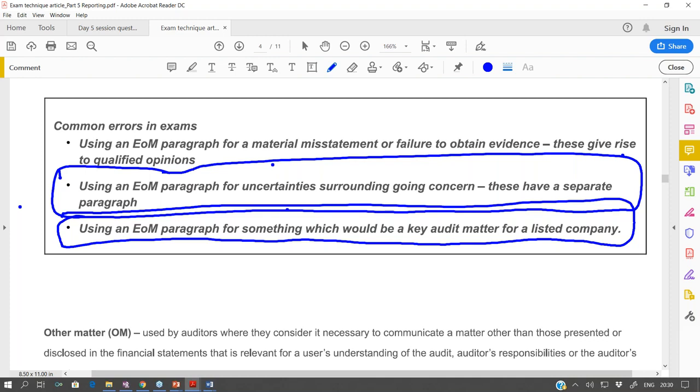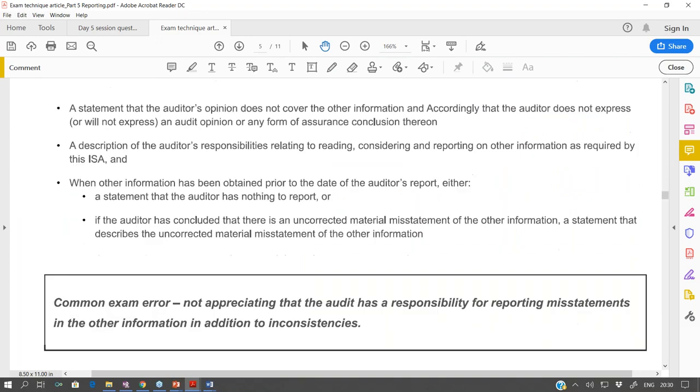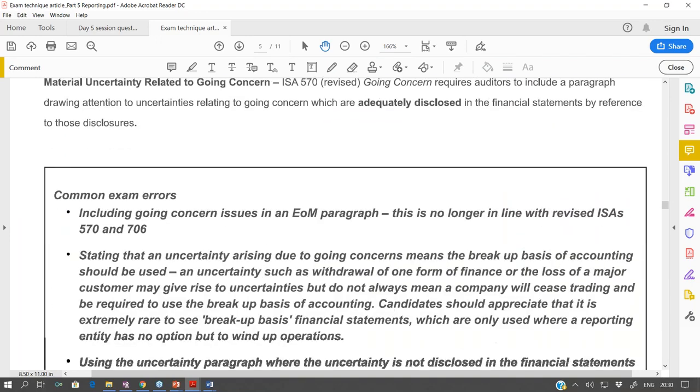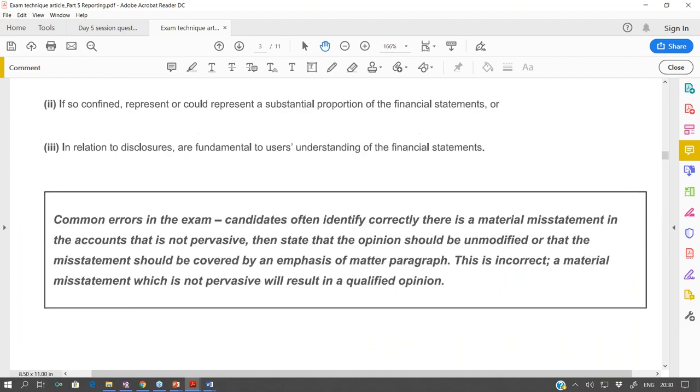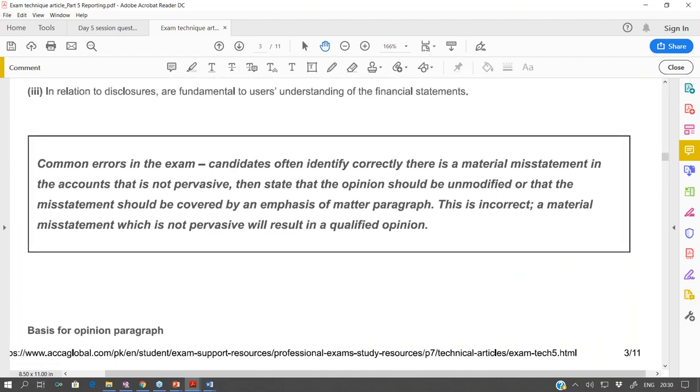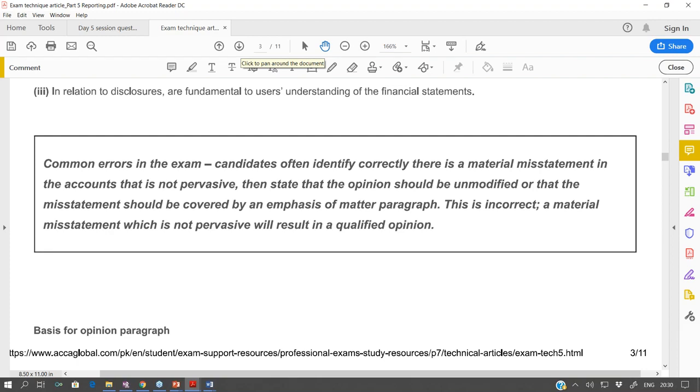Let's see another list of common errors. See this common error in front of your screen. Candidates often identify correctly there is a material misstatement in the accounts that is not pervasive.